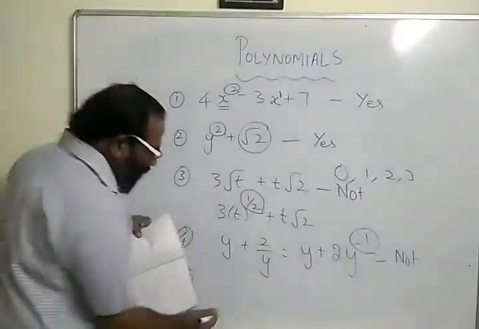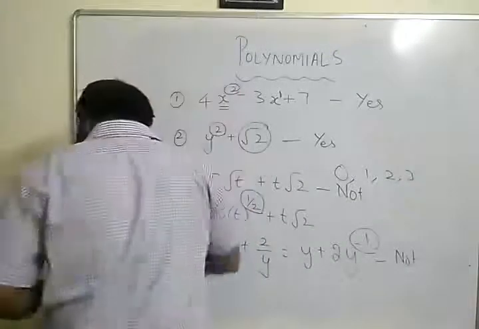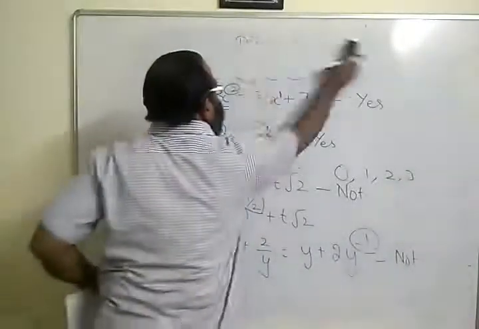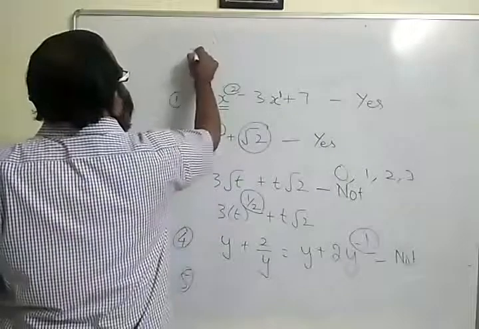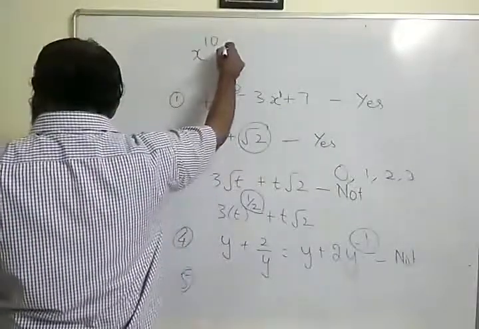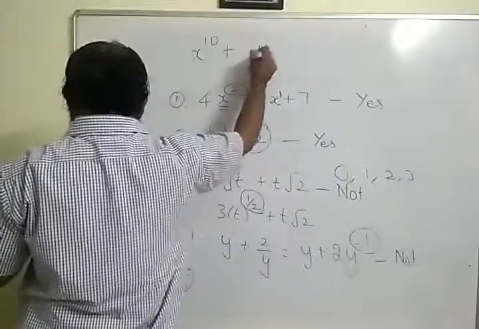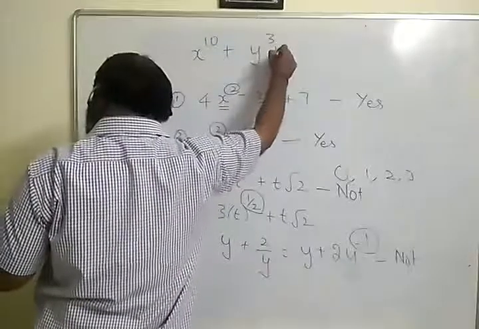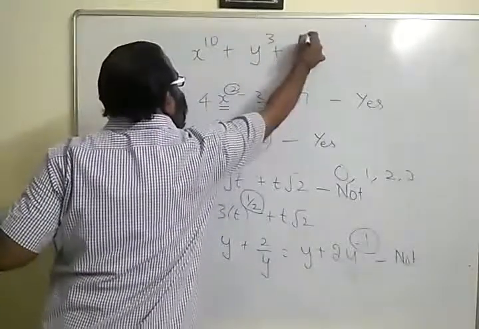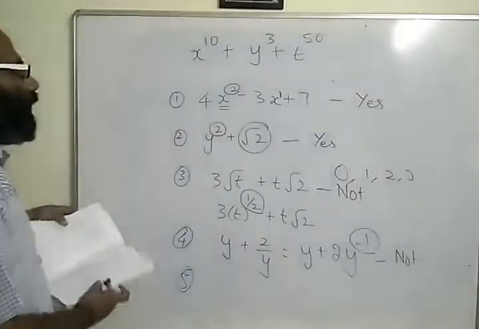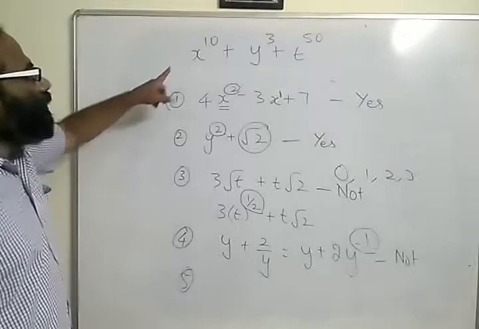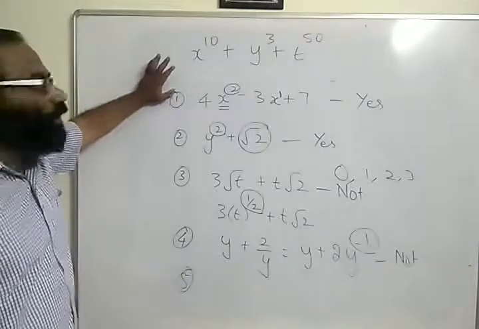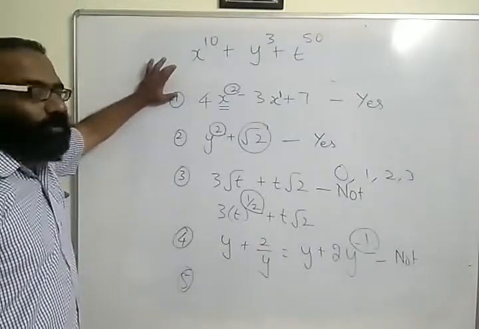So next, x to the power 10 plus y cube plus t to the power 50. Now we have to see whether it is a polynomial in one variable.